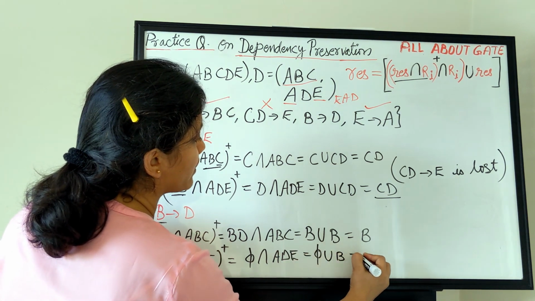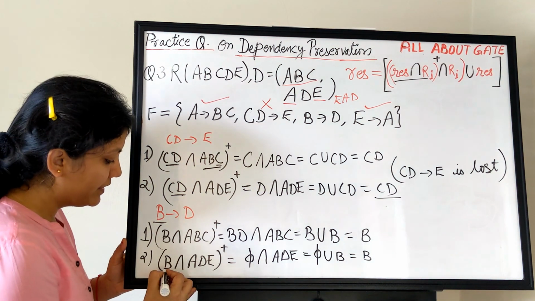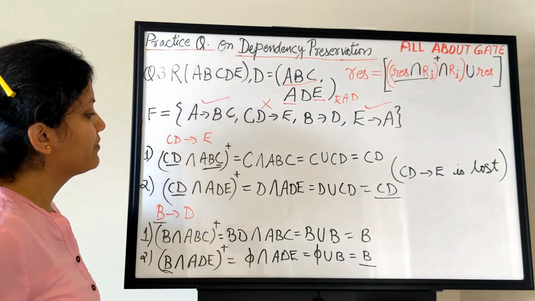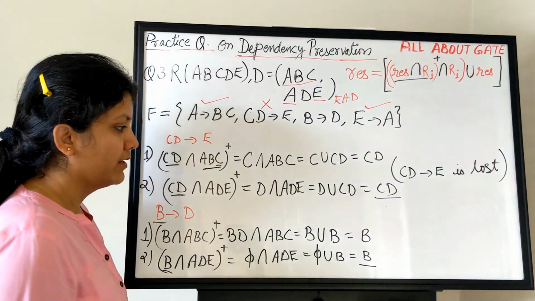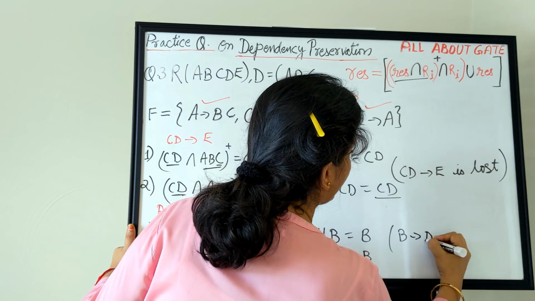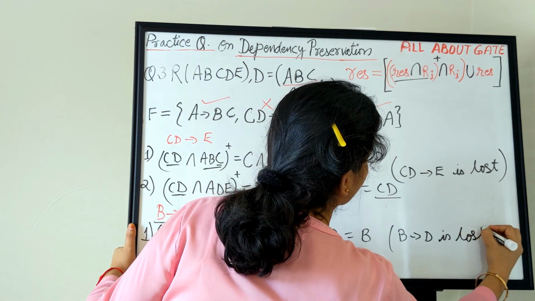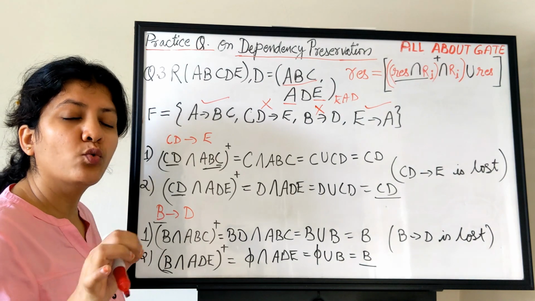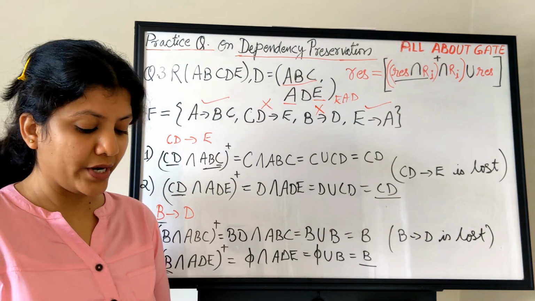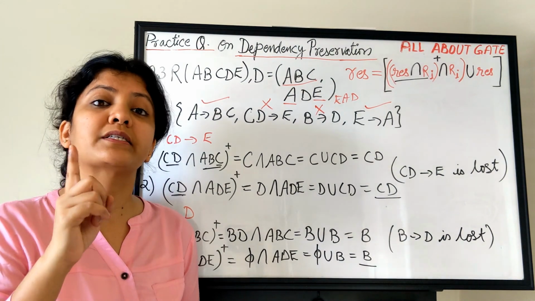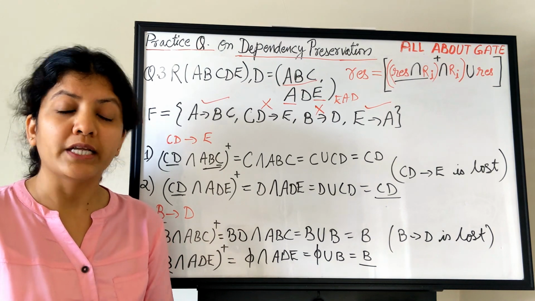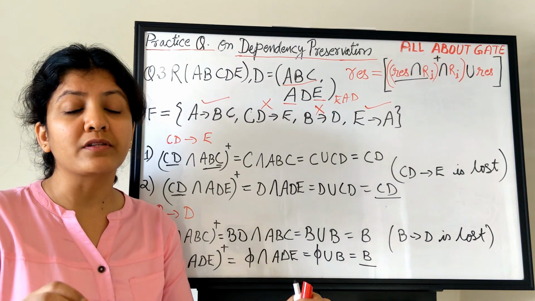Union this with B is B. Ultimately, B results in only B. So do you anywhere find B to D? Not at all. If we don't find it, then what do you say finally? That B to D is lost. So out of the 4 functional dependencies, 2 are preserved and 2 are lost. That simply says that if you are not able to preserve even a single functional dependency, this decomposition is not following the dependency preservation property.